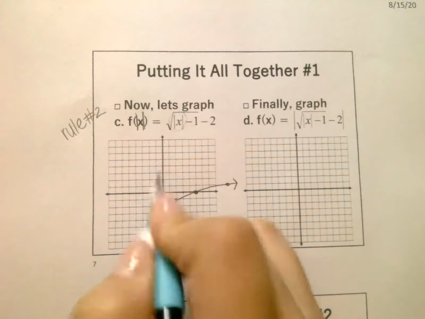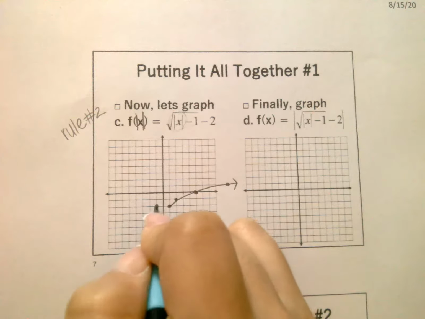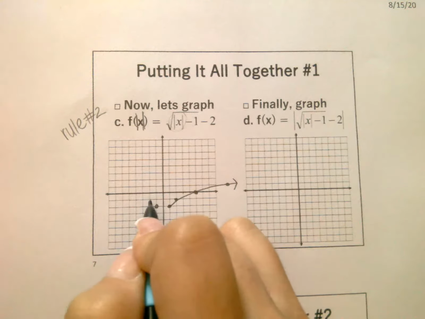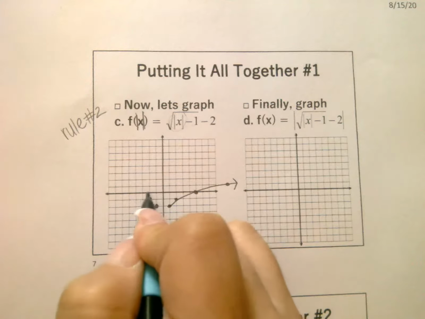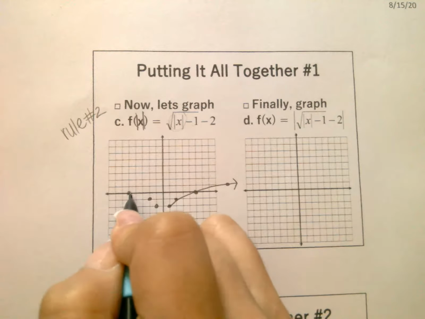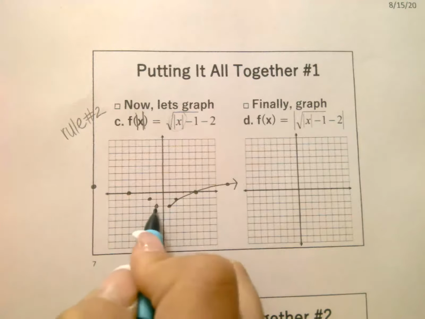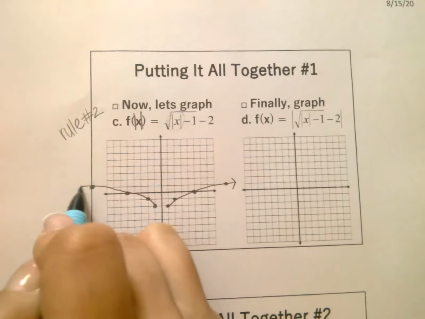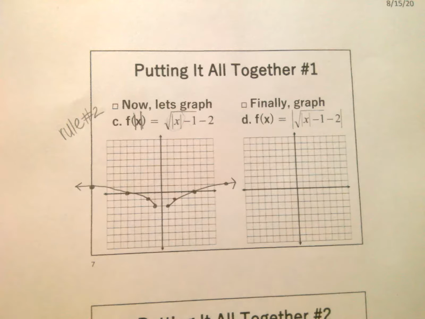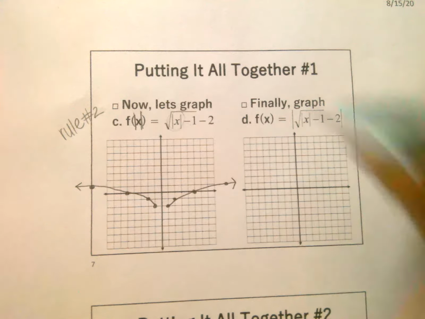So 1, -2, reflect, 2, 1, 2, -1, 5, 0, and then our 10 is somewhere out here. So both pieces of this are part of the final answer when we take the absolute value of just the variable for this function.